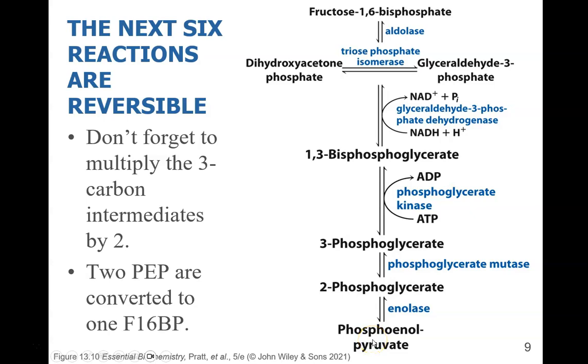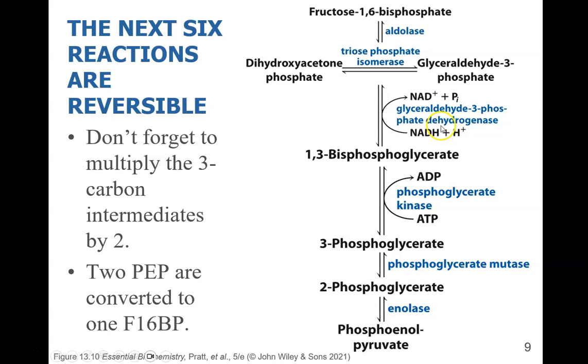So, phosphoenolpyruvate is converted to 2-phosphoglycerate, and then isomerized to 3-phosphoglycerate, and we will need some ATP here to phosphorylate the 3-phosphoglycerate to 1,3-bisphosphoglycerate. And then NADH is needed.